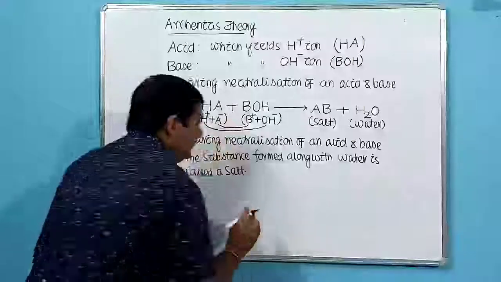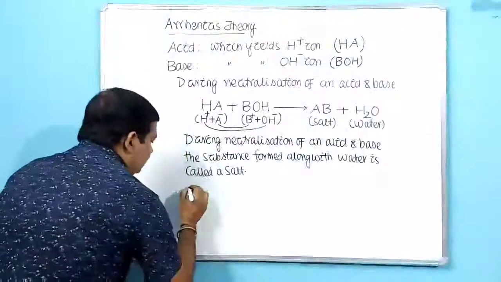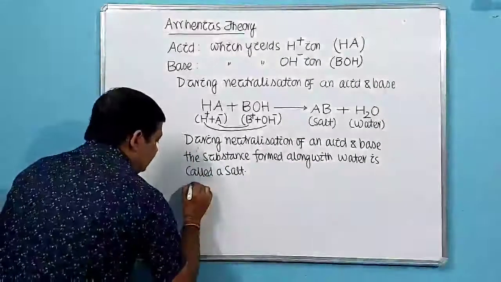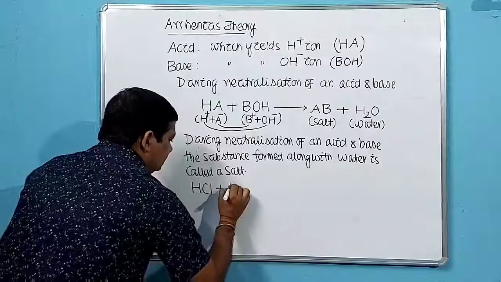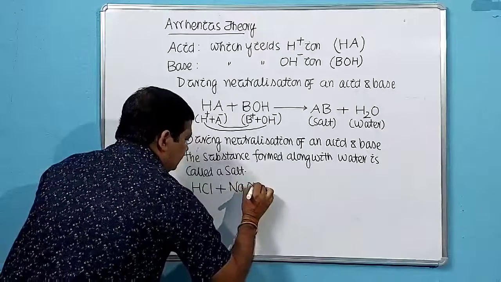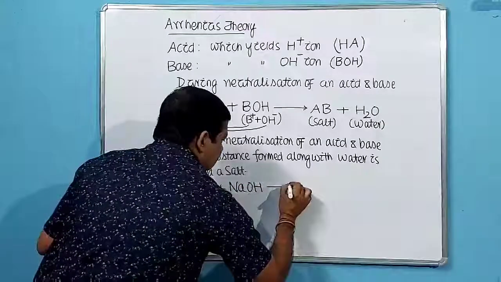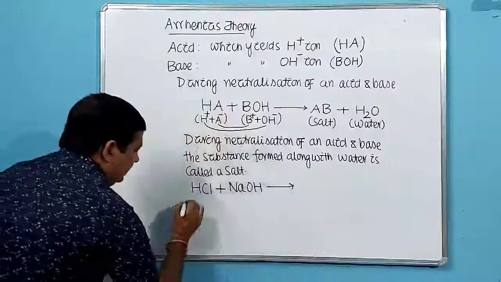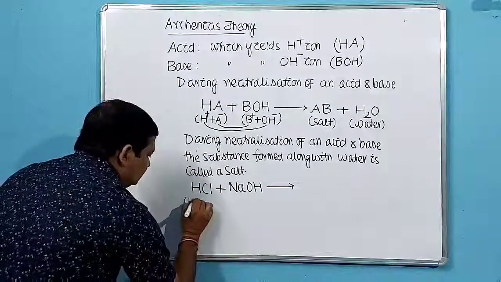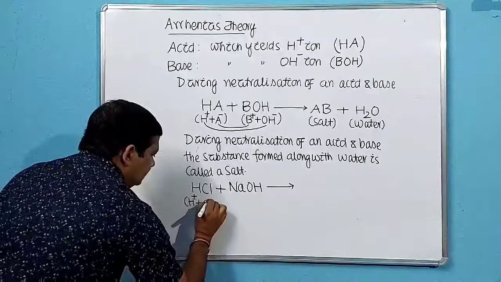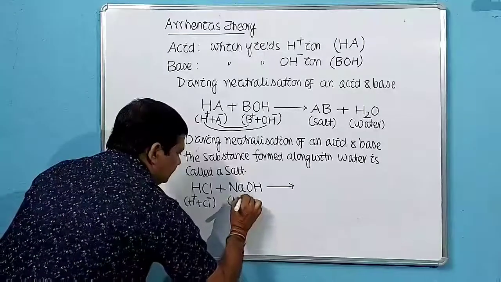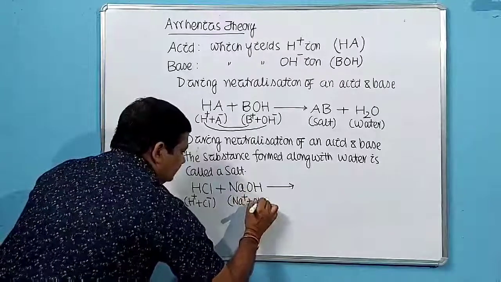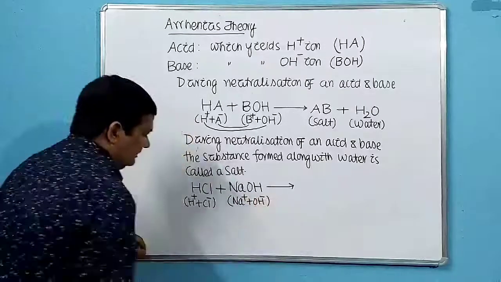Every salt, for example, suppose we combine the normal acid HCl with the base sodium hydroxide. Let us see what happens. HCl means H plus plus Cl minus. Sodium hydroxide means Na plus plus OH minus.